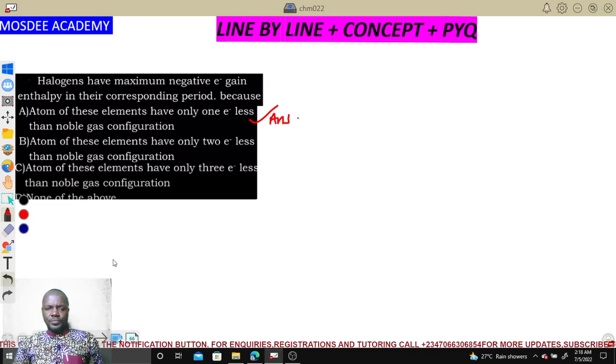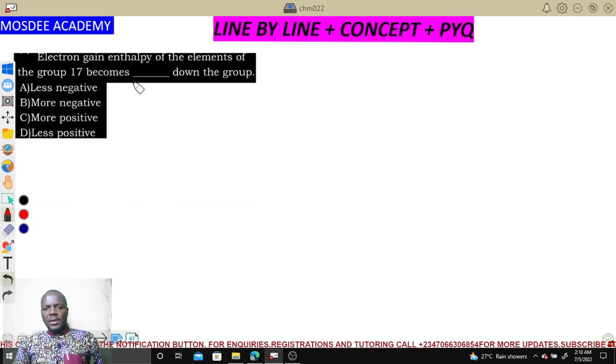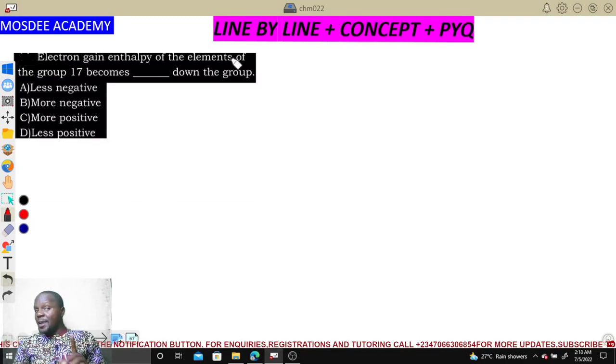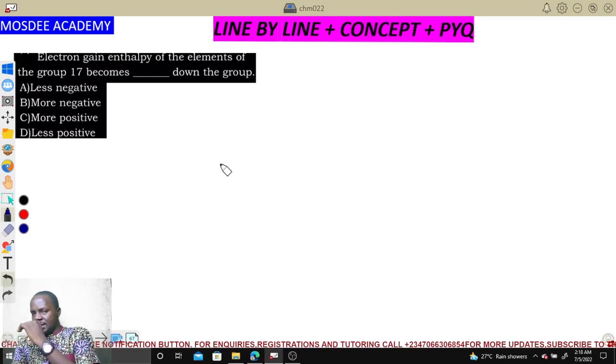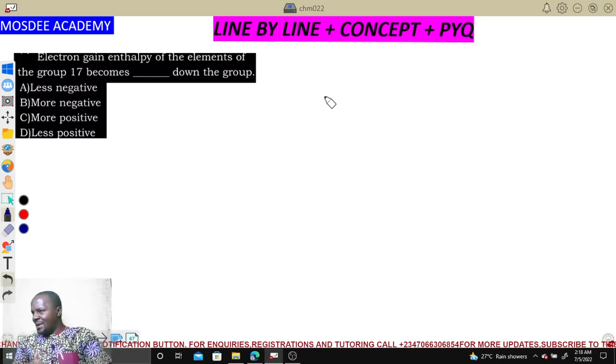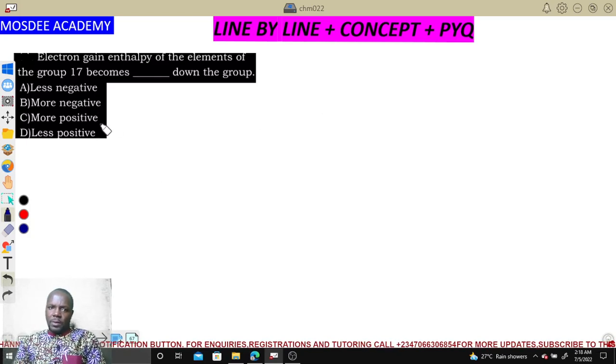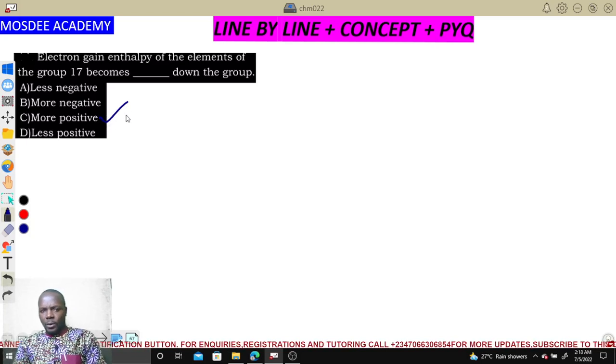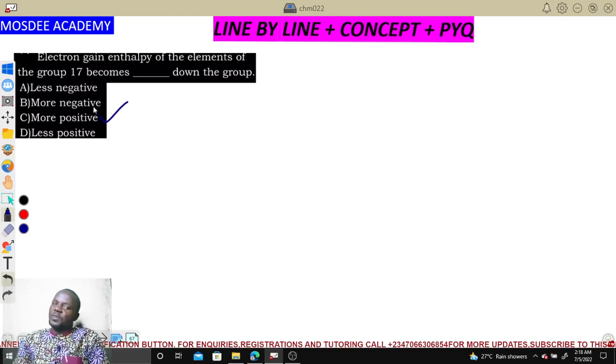The next question. The next question says electron gain enthalpy of the elements of group 17 becomes dash down the group. I think I talked about it. I said down the group, they decrease. Across the period, they tend to what? Increase, because they become more positive as we are going down the group. So they become more positive, or let's say more positive is less negative. That's chemistry for you.